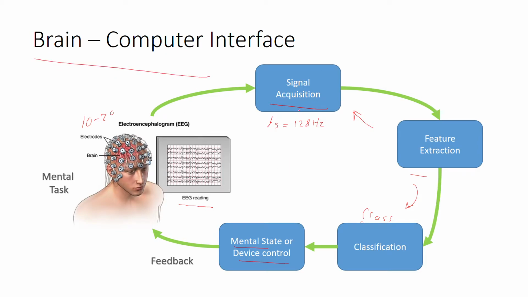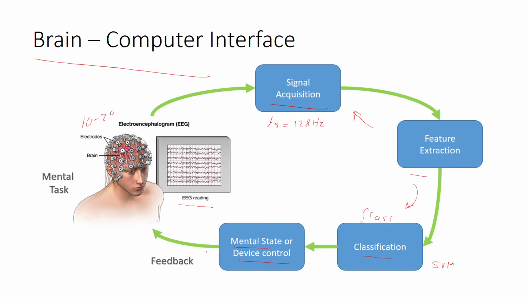You need to acquire the signal, then you need to select the features, then classify them. In this kind of classification, sometimes we use machine learning tools, such as support vector machines and neural networks and all other algorithms that you want to use or you want to compare.